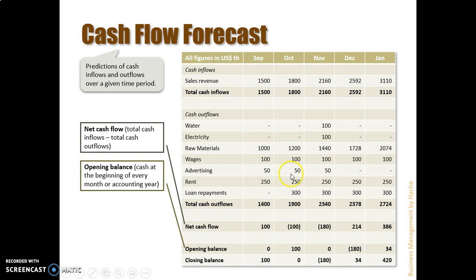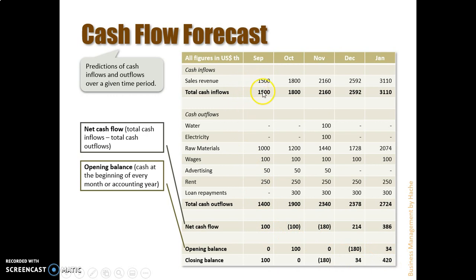This is why in this example we are showing the opening balance as 0. It doesn't have to be like that all the time, but when a business starts, yes, we start with a zero opening balance, of course, because there's no cash when you start. Then we start feeding the cash flow as we go.